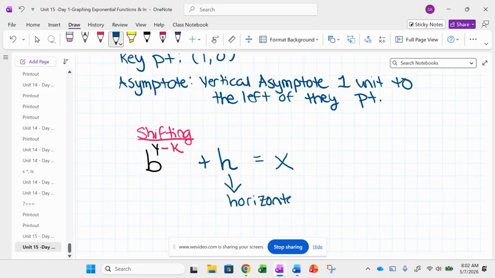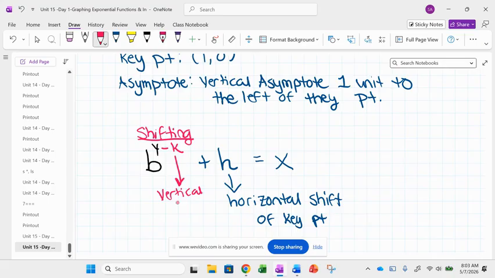Horizontal shift of key point. And K represents the vertical shift of key point. Okay, let's do a couple sample problems.